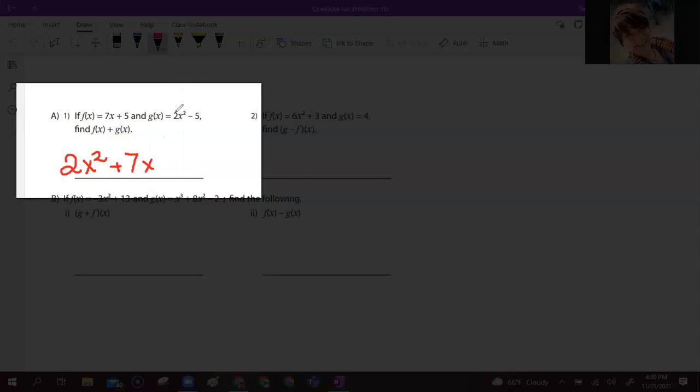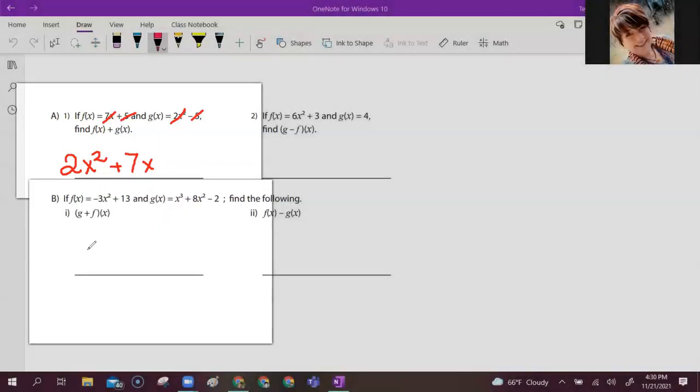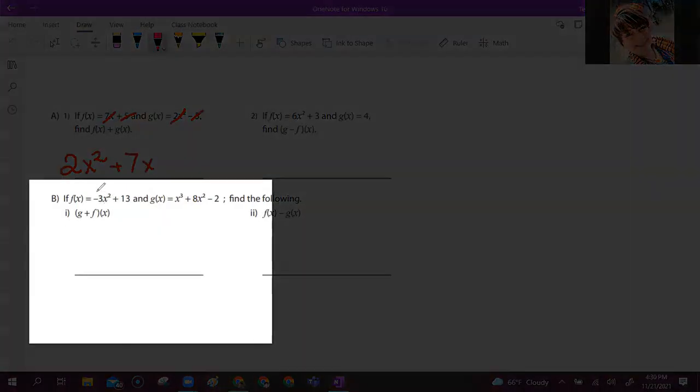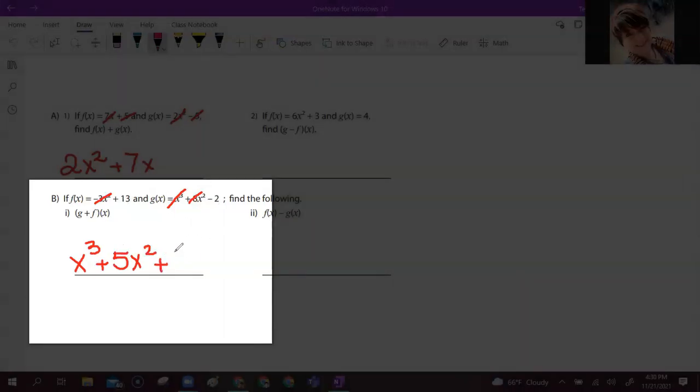What I might want to do is once I use it, I'm going to cross it out. And then 5 minus 5 is 0. And so I have added all the way across. For B, if I want to add all the way across, I have an x cubed. My squareds, negative 3 plus 8 is positive 5. 13 minus 2 is positive 11.